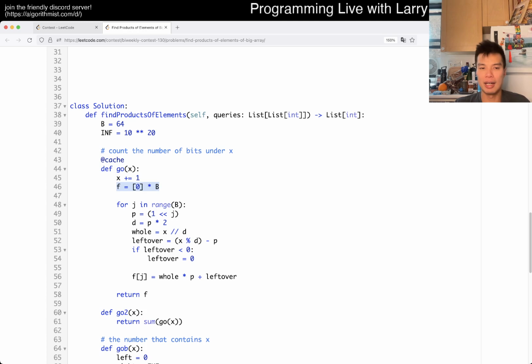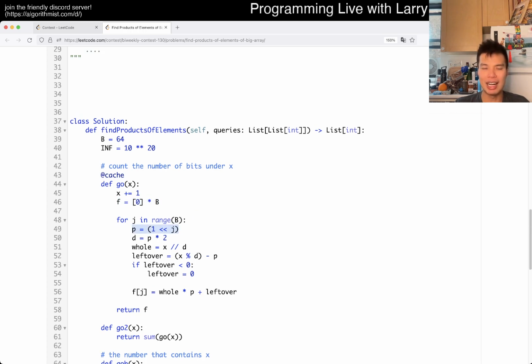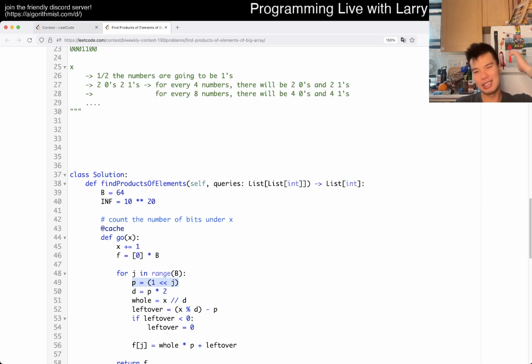But yeah, we just count all of them. And then the number of ones, and this is the number of parts. Why did I write it this way? Oh, I did it because of the number of bits. But okay, so this is the bit that we care about, right? So maybe you could write this as 2 to the power of j.